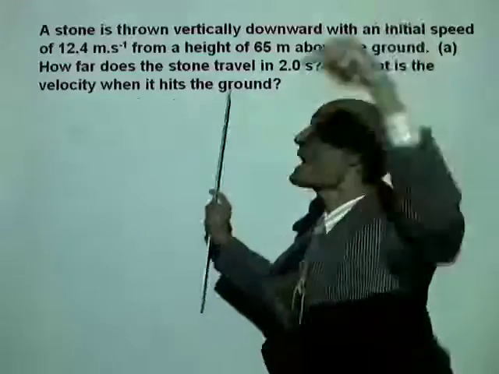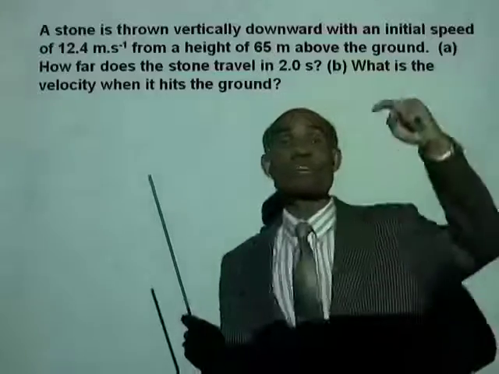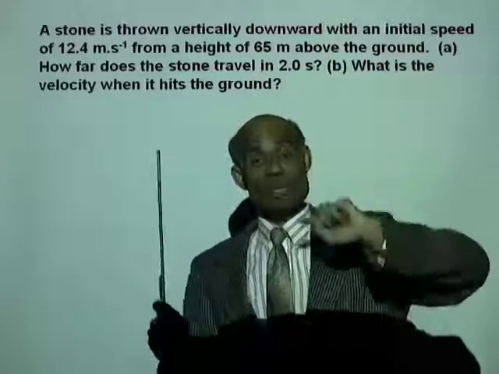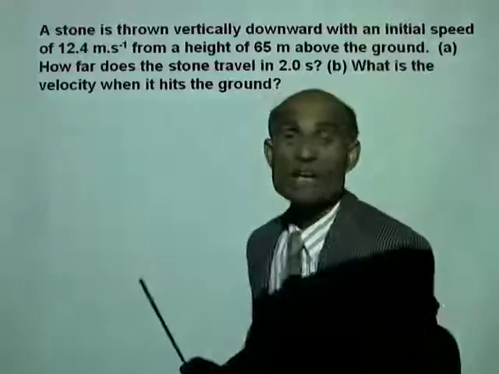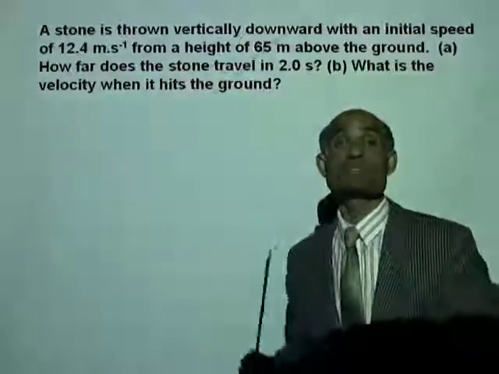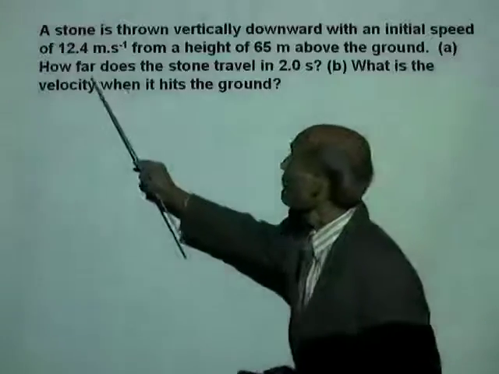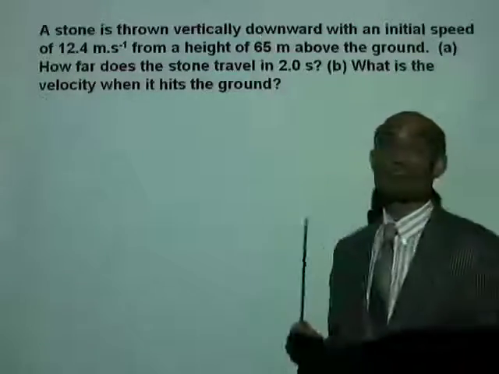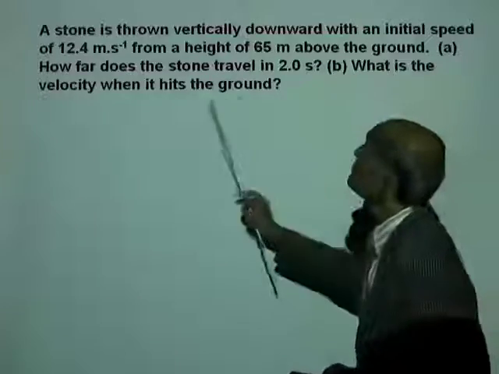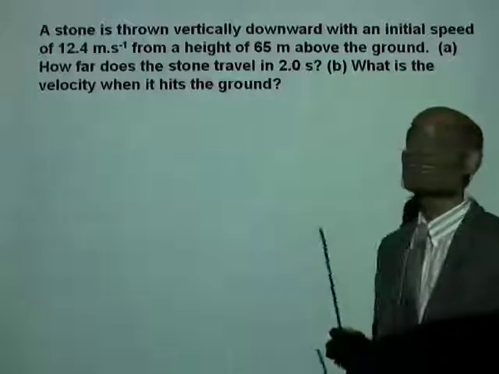So that is your y0. Y0 is 65 meters. When time equal to 0, the position of the ball is y equal to 65 meters. How far does the stone travel in 2 seconds? And what is the velocity when it hits the ground?